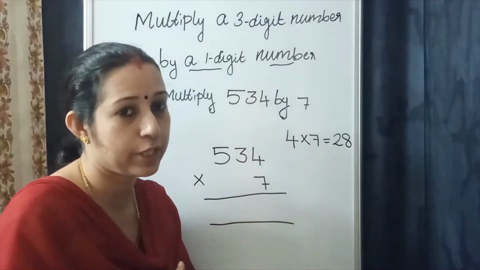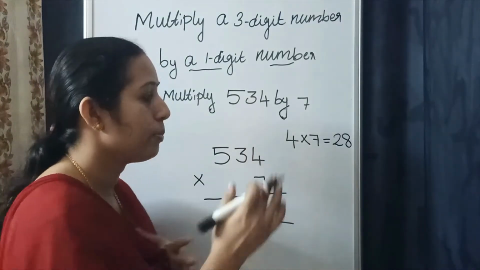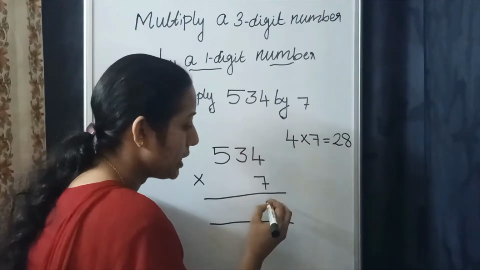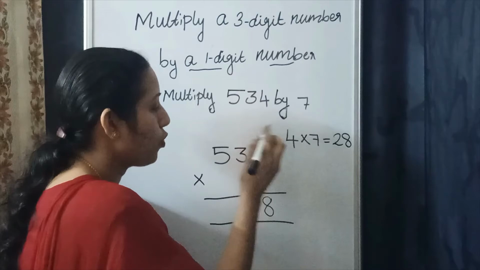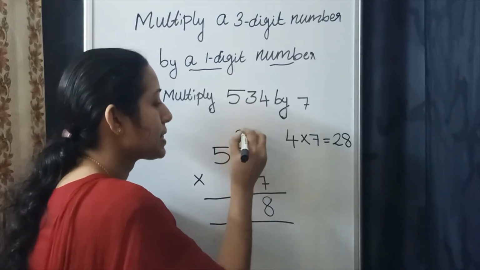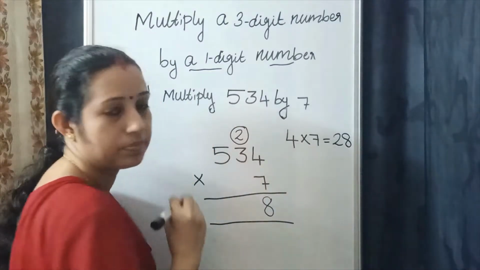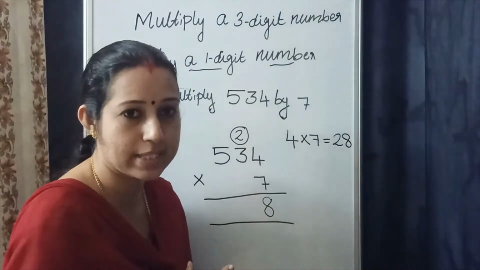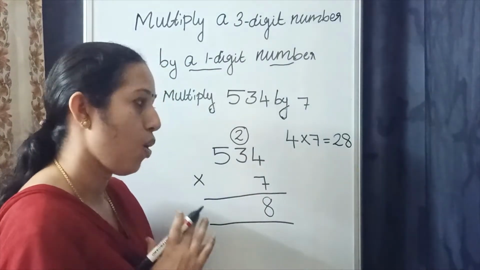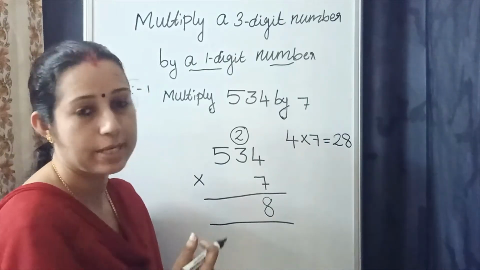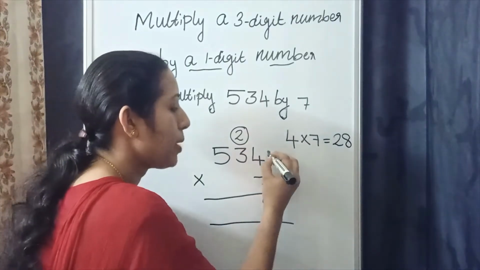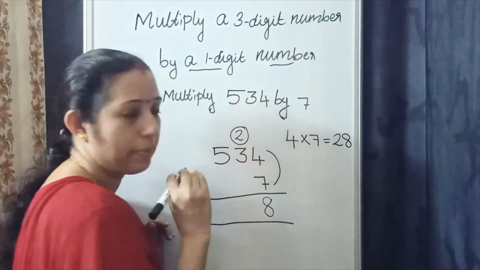We regroup. Regroup means we write the ones place digit in the answer place and carry the tens digit forward to the next place as the carry over. So the first step is over. In the first step we multiply the ones place digit and the multiplier.